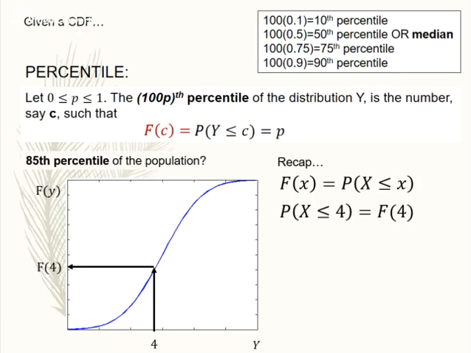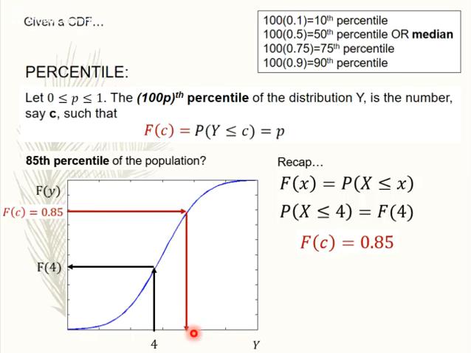Remember I told you it's like going backwards when you try to find a percentile. So instead of being given 4 and then going up to the line and then on the vertical axis, you're going to go to F(c) equal to 0.85. You'll go across and then you'll go down. So it's literally going backwards.